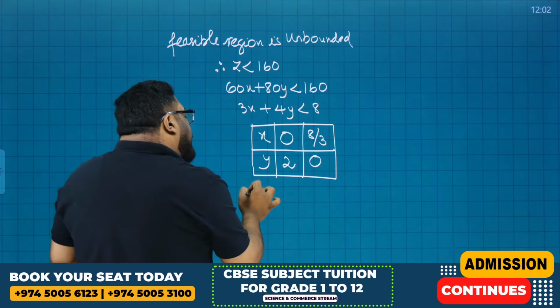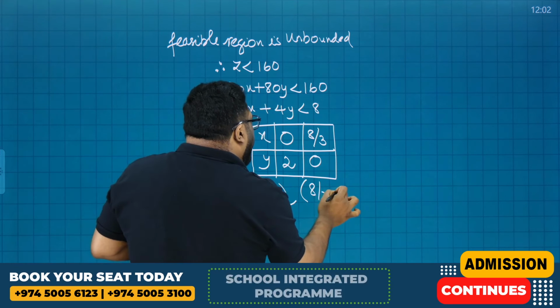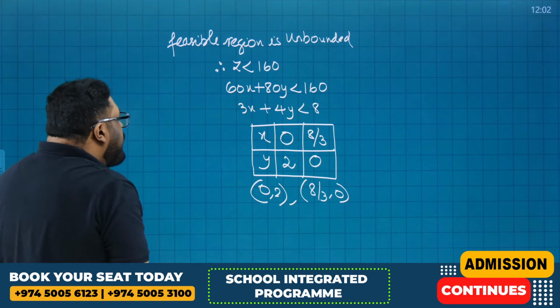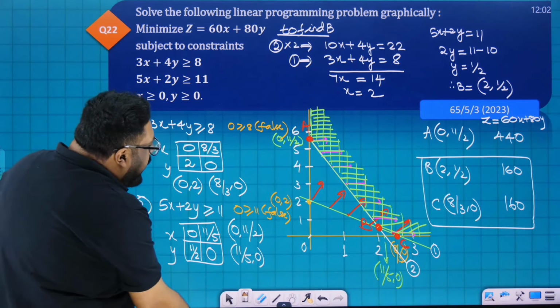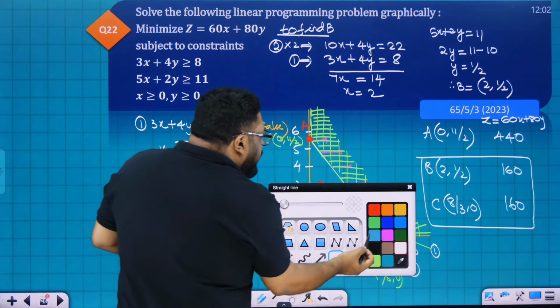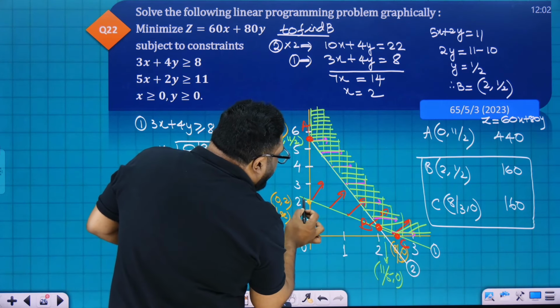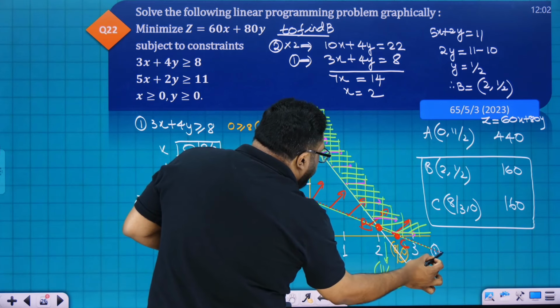So we have to draw a dotted line between 0, 2 and 8 by 3, 0. Where is 0, 2 and 8 by 3, 0? A dotted line between that is definitely this line itself.